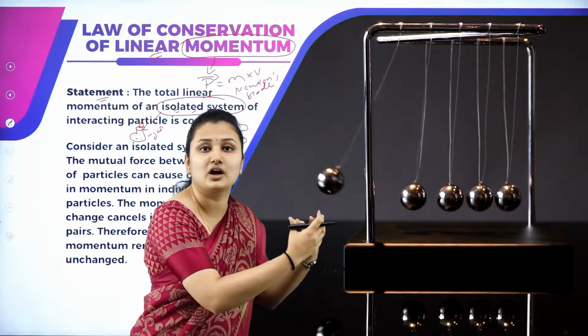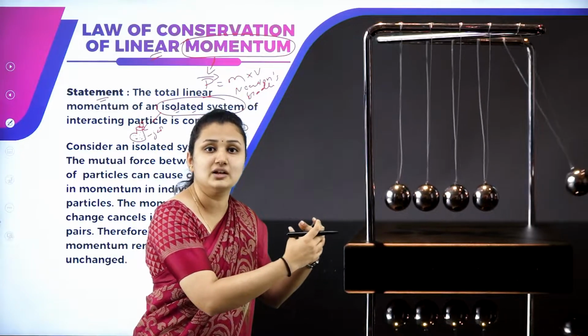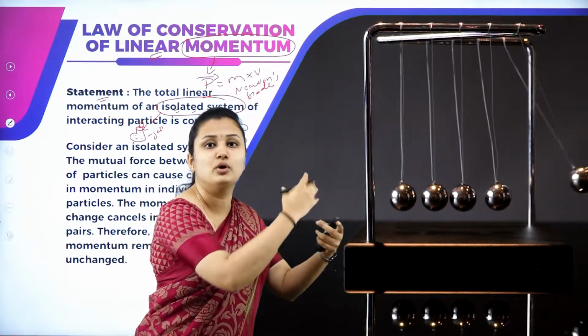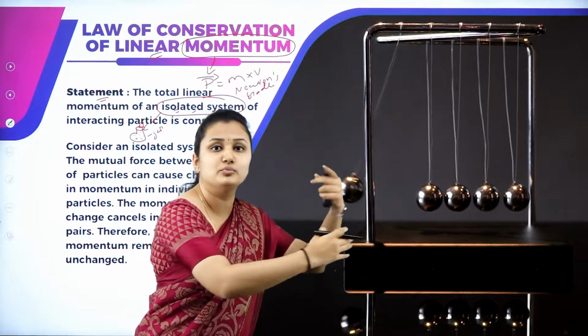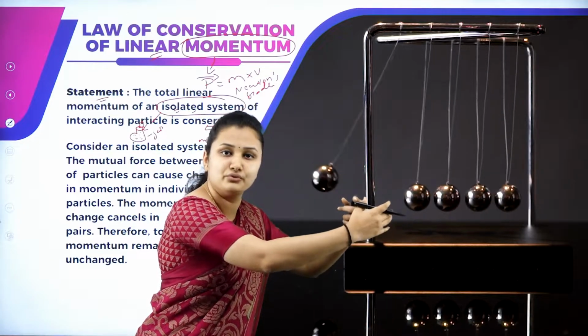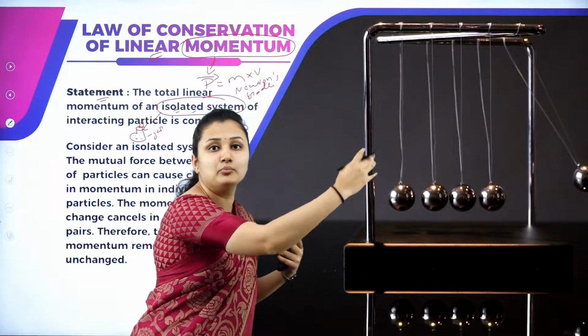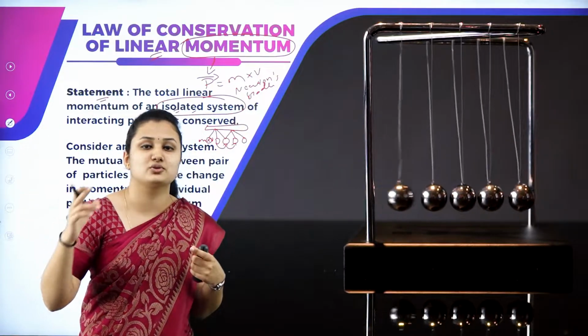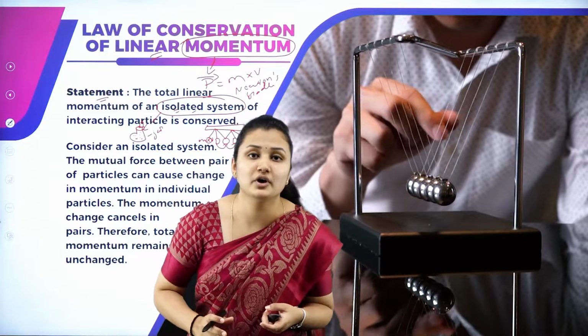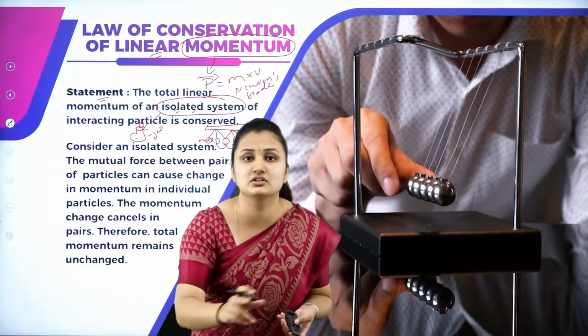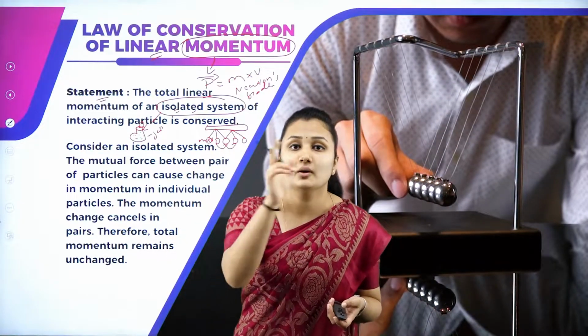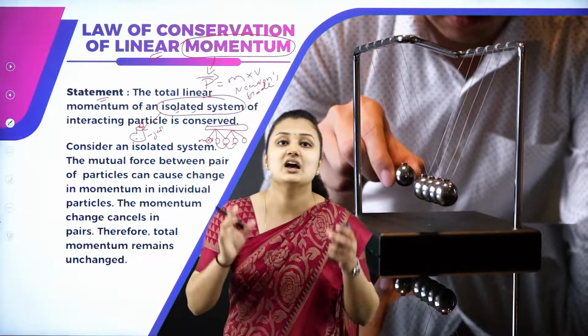The second ball will come into motion, and the second ball will hit the third ball, and the third ball in order hits the fourth ball, and the fourth ball in order hits the fifth ball. Then the fifth ball will swing in the air with the same momentum as the first ball. So that shows you the conservation of momentum, the total momentum of the system is conserved.